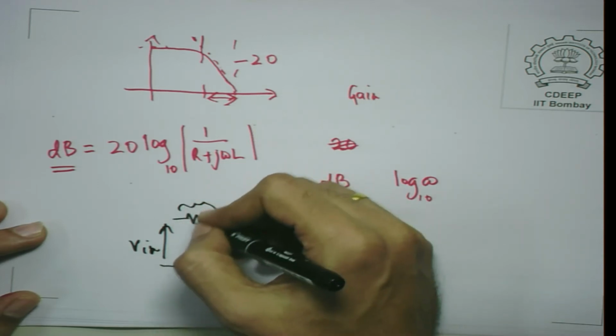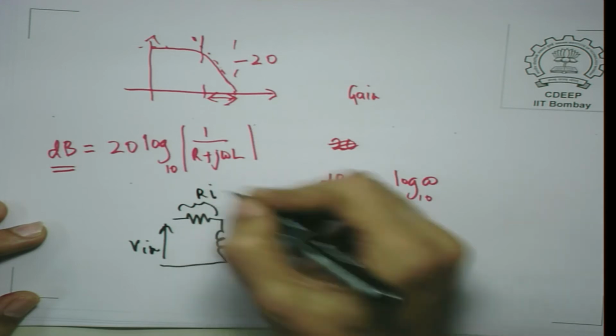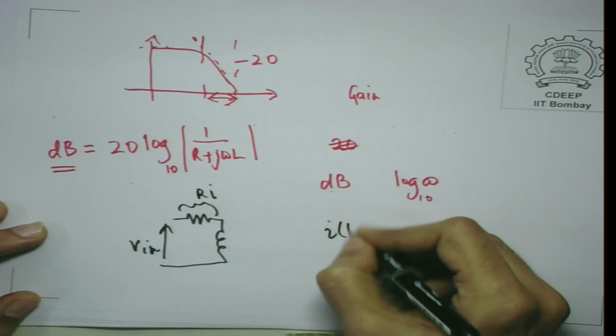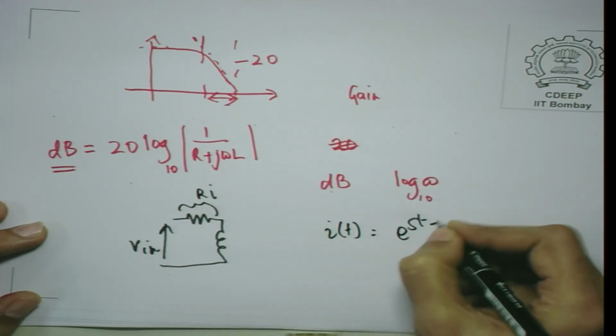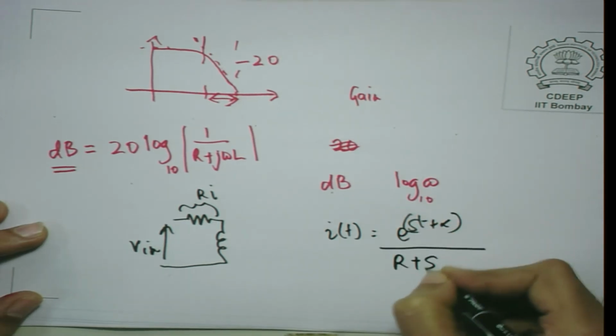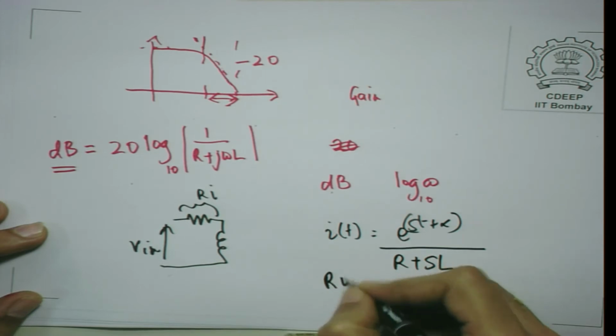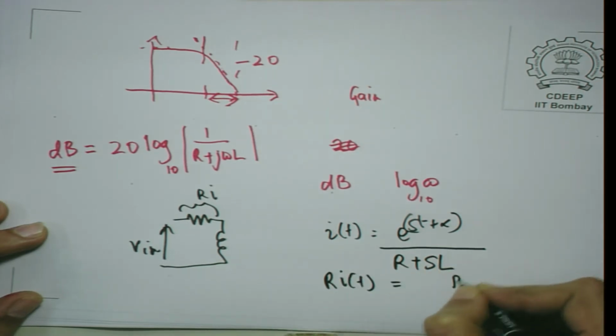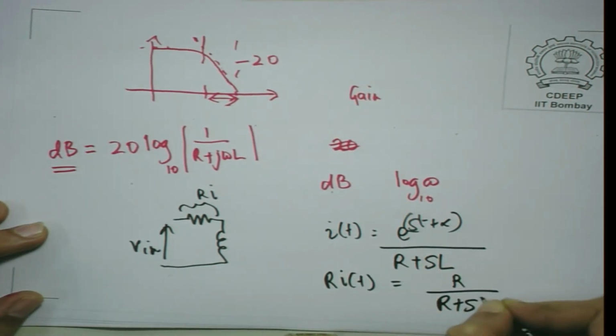The voltage across this resistor is R into the current through it, and I of t is equal to e raised to st plus alpha, where this is the input, divided by R plus SL. So, in case you want to find Ri, it will be R upon R plus SL into the input.